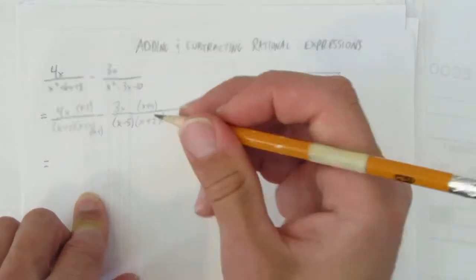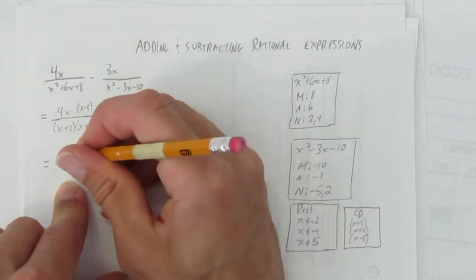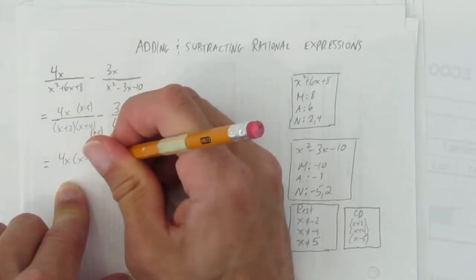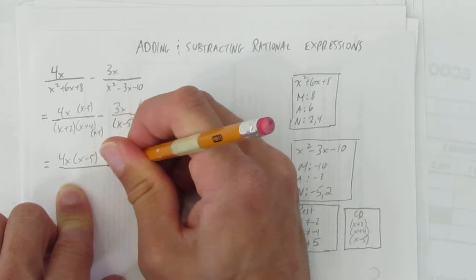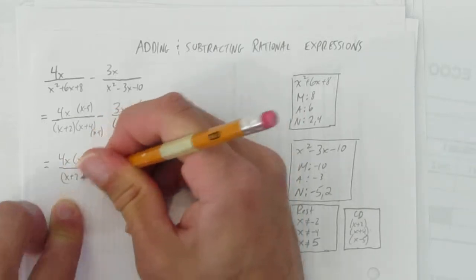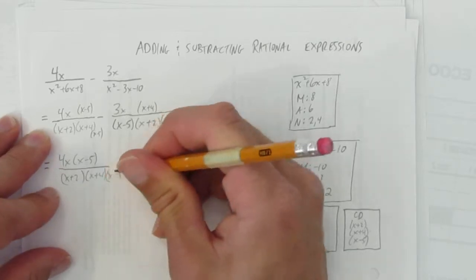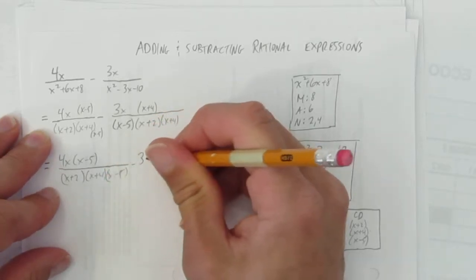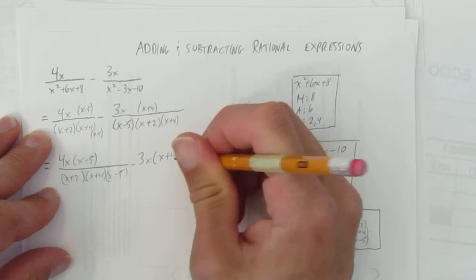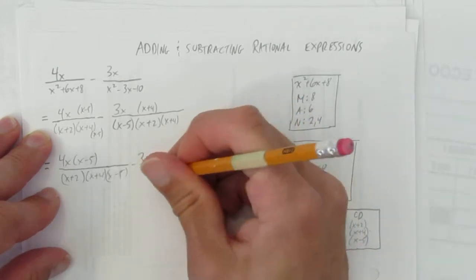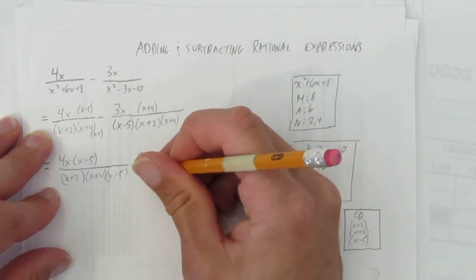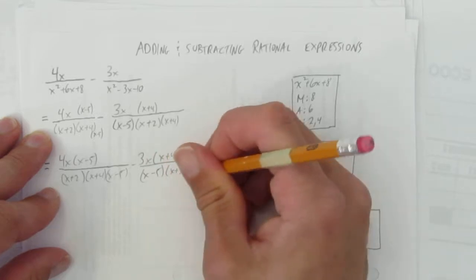Alright, let's do that. So on the top here you get 4x times x minus 5 all over the common denominator, x plus 2, x plus 4, x minus 5, minus 3x times x plus 4 all over x minus 5, x plus 2, x plus 4.